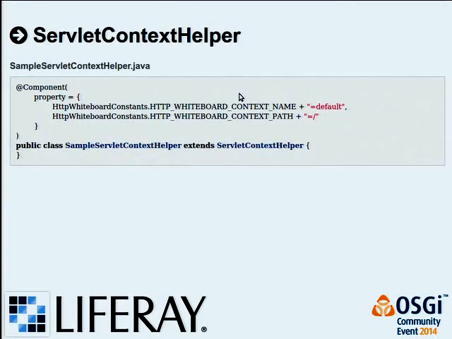But what if I want to make a different assembly at a different URI? I want to have app A. So I want /app A, and then I want filters and servlets and event listeners inside of that context. I would just create a new servlet context helper with a different context path and a name.